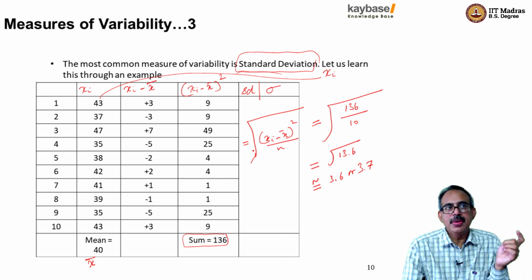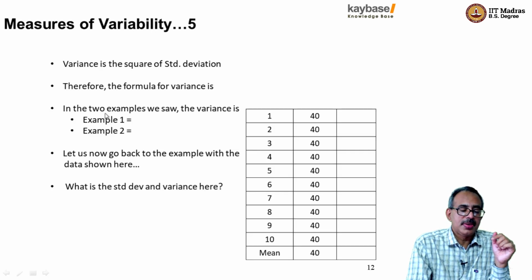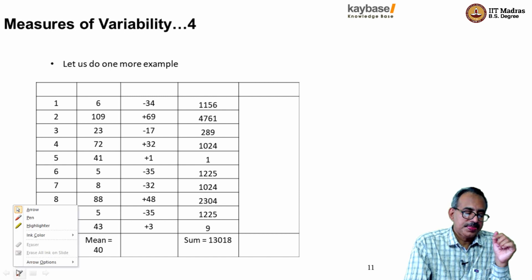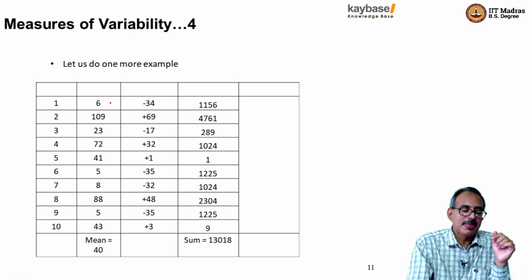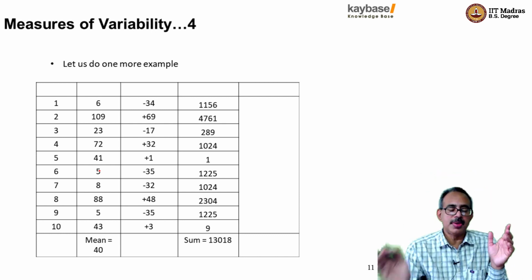Shall we do one more example? Okay. Let's take the third data set, where the mean was 40 and the range was 109 minus 5, which is 104. The third data set had wide variability.